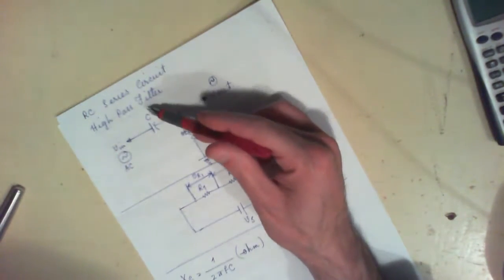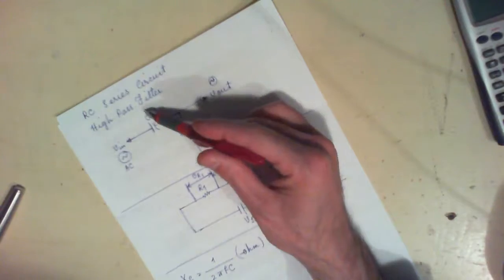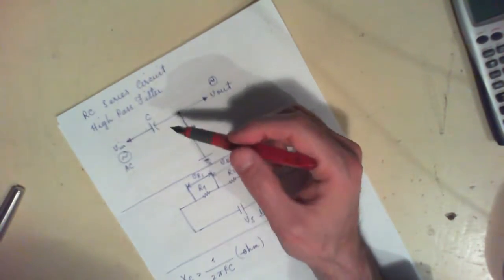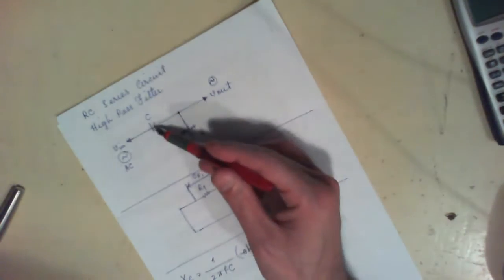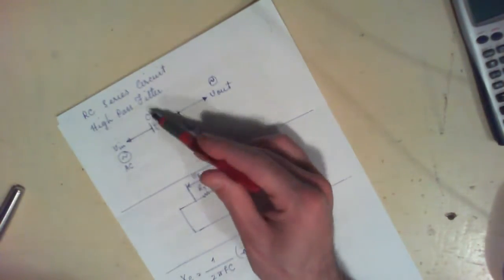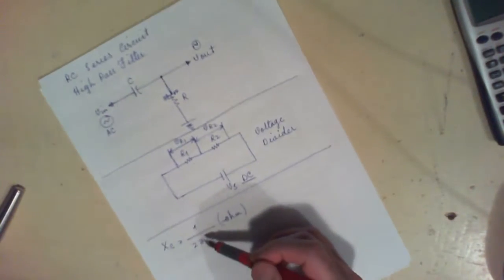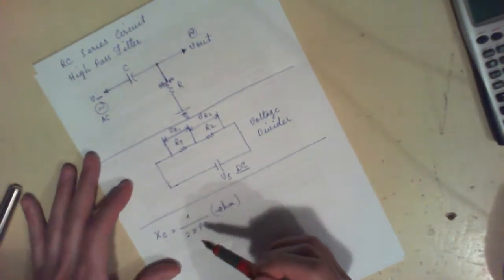That means that this capacitor is going to act like a resistor in this circuit, and that resistance, in this AC circuit, is called reactance. And this way you can calculate that reactance.